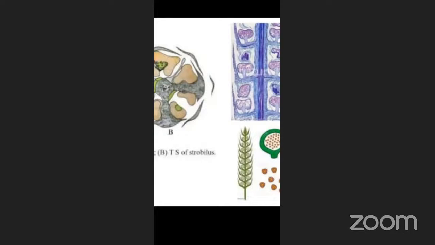Then the sporocytes undergo meiotic division to produce haploid spores, four haploid spores in a tetrad.